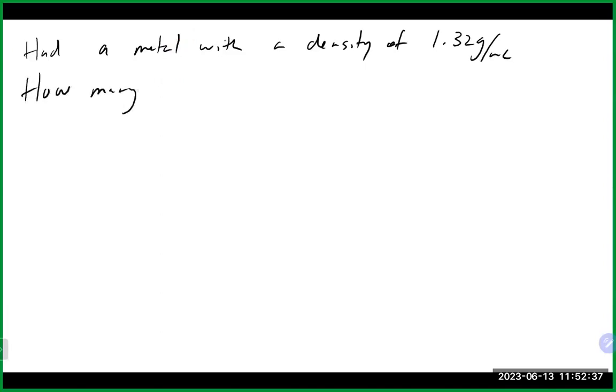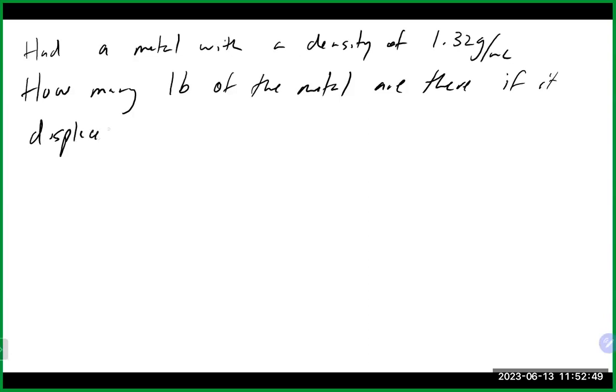How many pounds of the metal are there if it displaces water from 23.5 milliliters to 28.6 milliliters in a graduated cylinder?